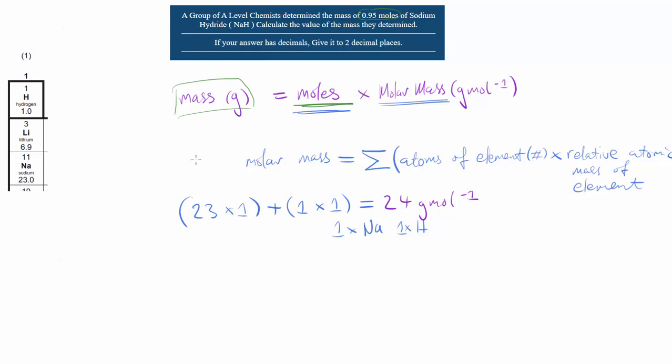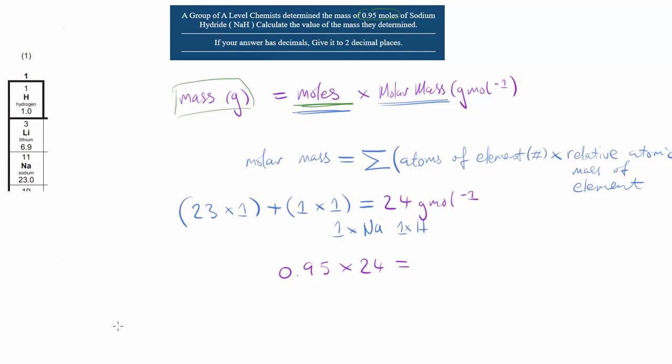So what do we do with this? Well, as we know from the question, what we're trying to work out is the mass of the sodium hydride sample, the 0.95 moles sample of that. So we need to take the moles and multiply it by the molar mass. And we have this in the question. We've just worked this out. And so we need to do 0.95 multiplied by 24, right?